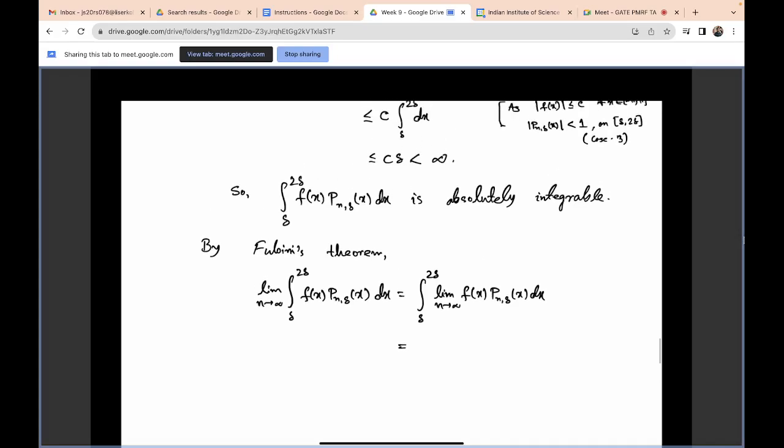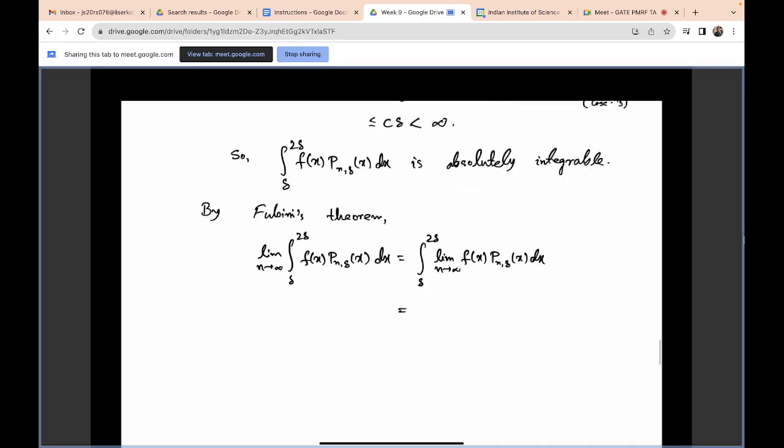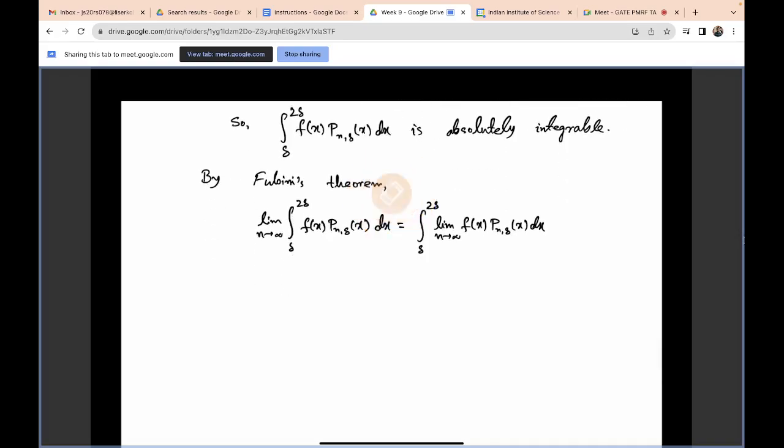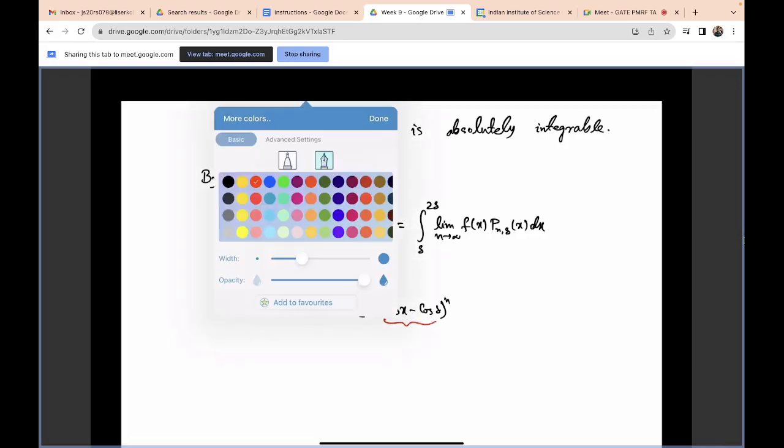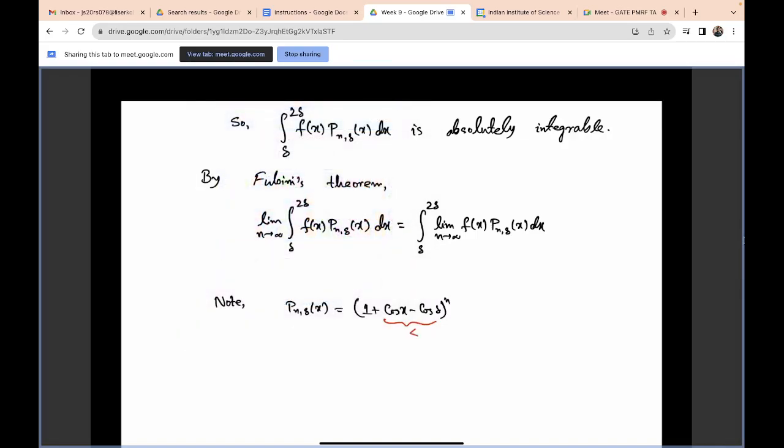P_n,delta(x) is basically (1 plus cos x minus cos delta) to the power n, and we have shown that the inner quantity is less than 1 in this region.